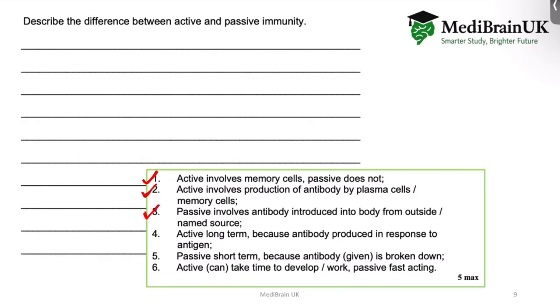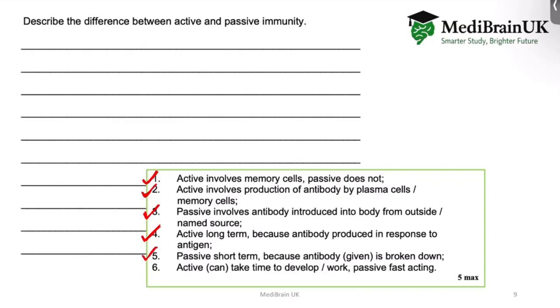Again, it's literally just comparing active and passive against each other. Active immunity is long term because antibodies are produced in response to an antigen. Remember, in active immunity, your body is working to create the antibodies itself, which means long term immunity can be formed. Passive immunity is short term.